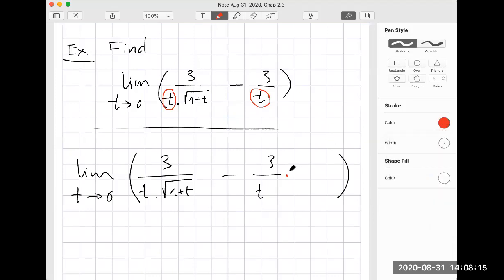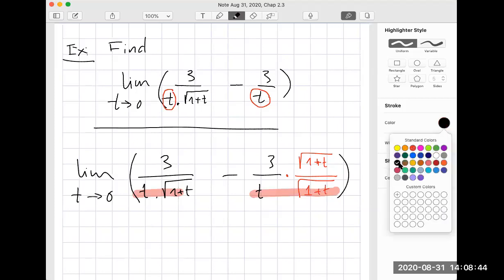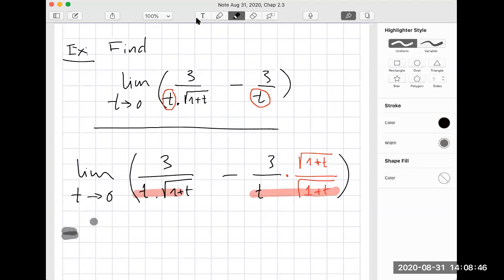So if we multiply this fraction by the square root of 1 plus t and divide by the same thing, nothing's changed, right? Still the same. But now these two fractions have the same denominator, right? So we can subtract the numerators together.